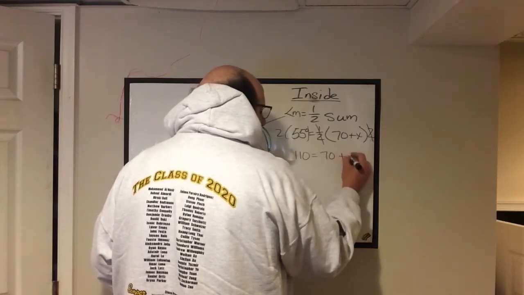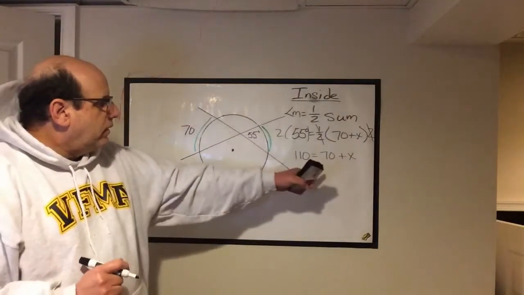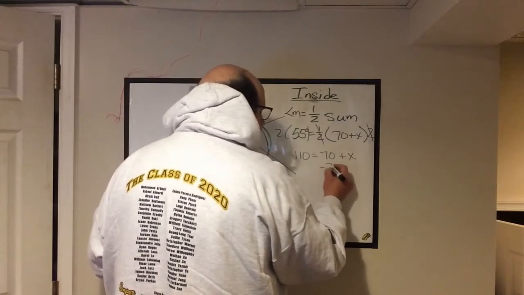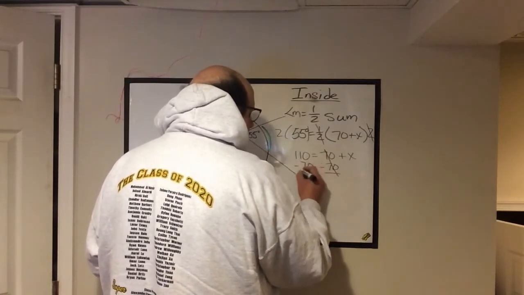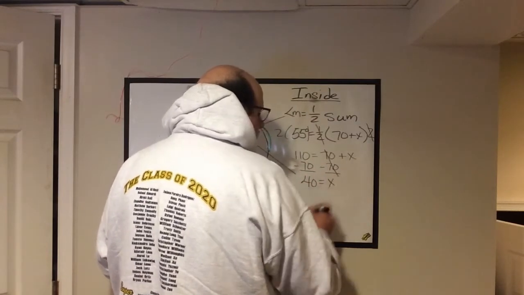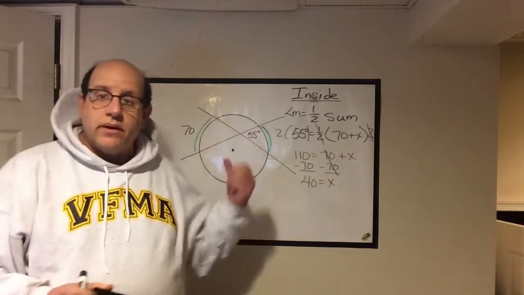70 plus x, right? All right, well, let's go and get rid of our 70. And all we do is subtract 70 from both sides. And we have 40 equals x. So those are the two ways that they're going to put that up there.